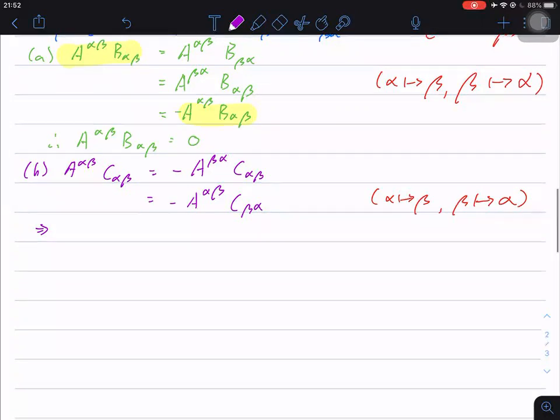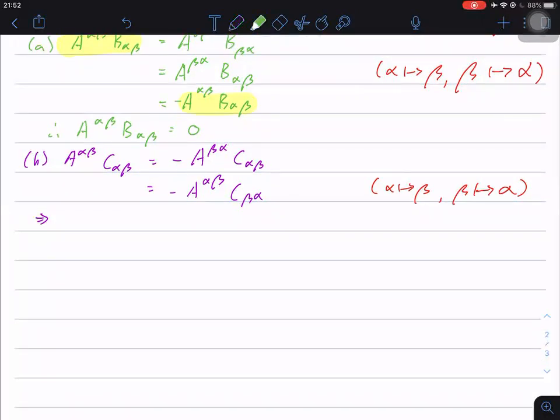Basically, we add this term to both sides. For the left-hand side, we have 2 A alpha beta C alpha beta. And for the right-hand side, we have the one we derived before, plus A alpha beta C alpha beta.